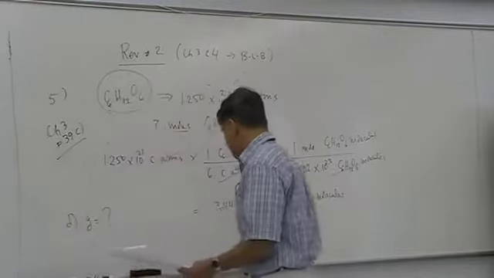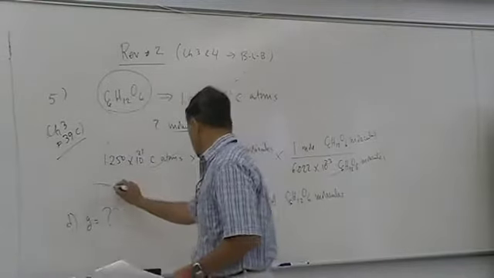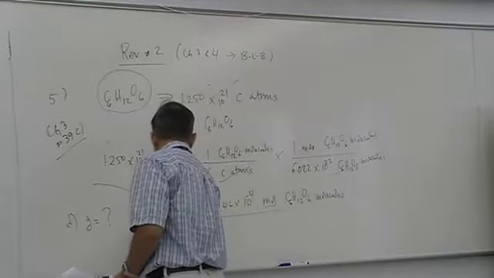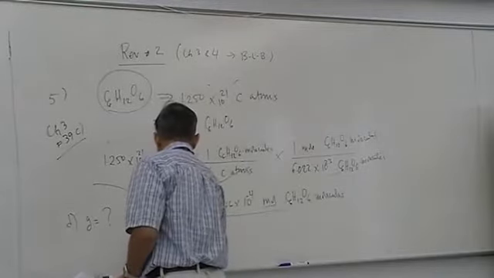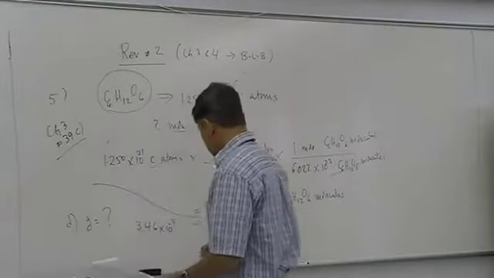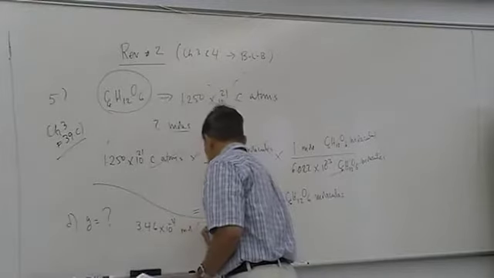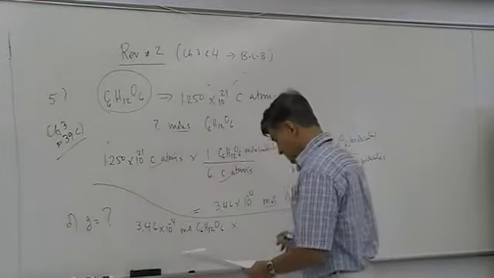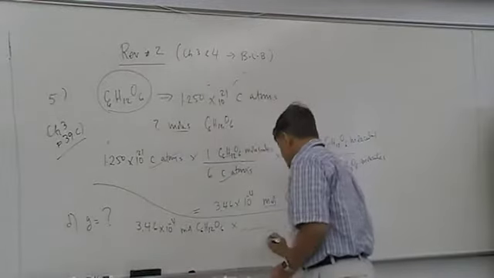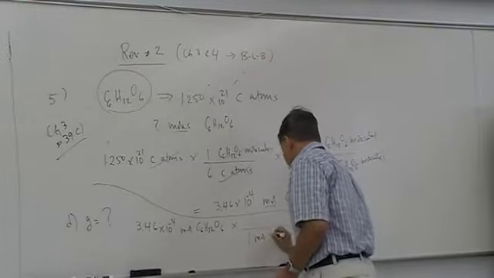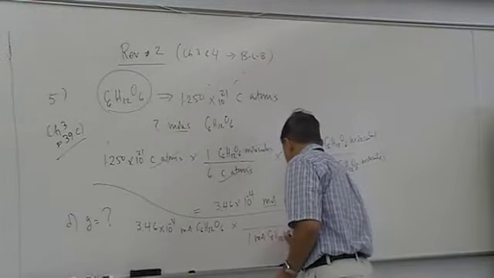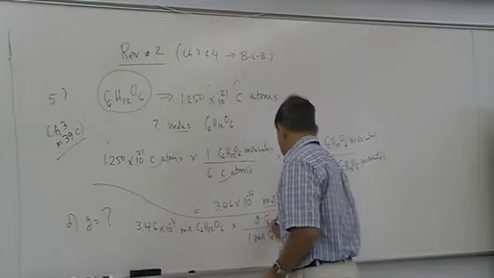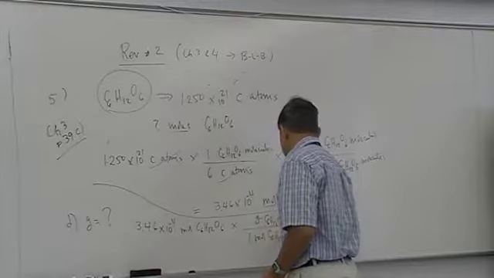Which is not hard. Once you get the mole, let's use that value, 3.46 times 10 to the negative 4 mole of C6H12O6 times, since I'm looking for gram, the mole of C6H12O6 molecules would be at the bottom, and gram of C6H12O6 on the top.